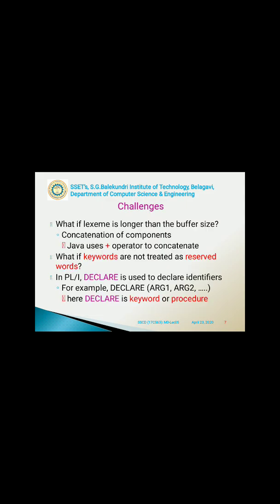And this is a simple code for the sentinels. And then finally we saw some of the challenges: what if the lexeme size is longer than the buffer size, or what if the keywords are not treated as reserved words.